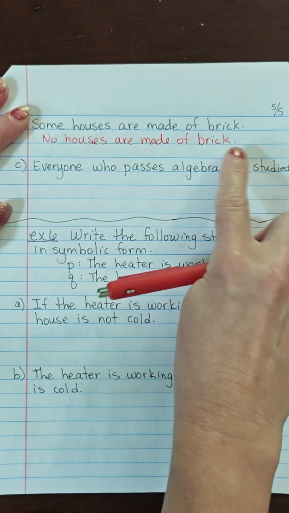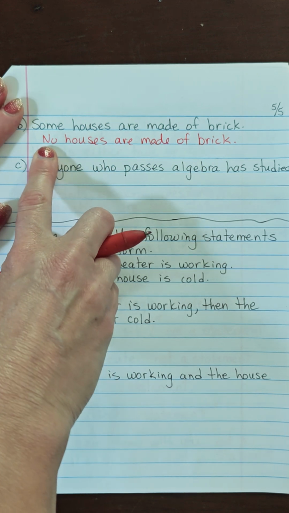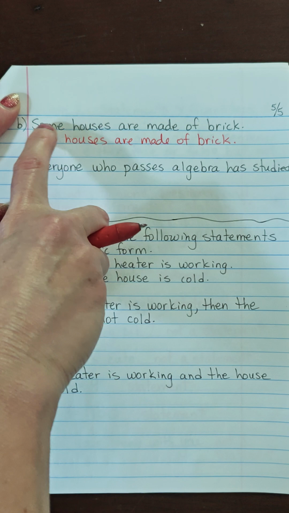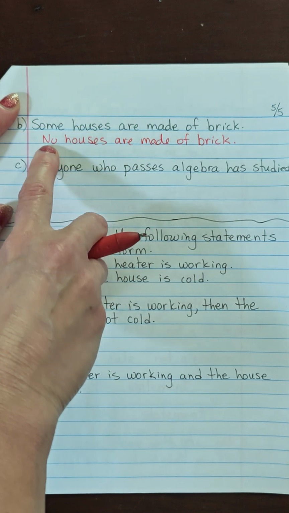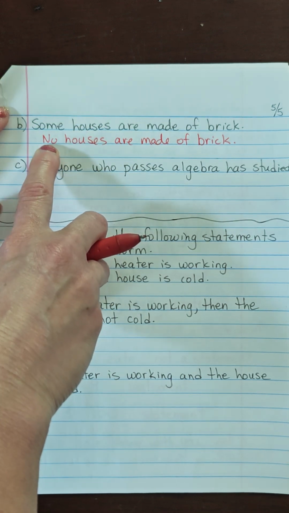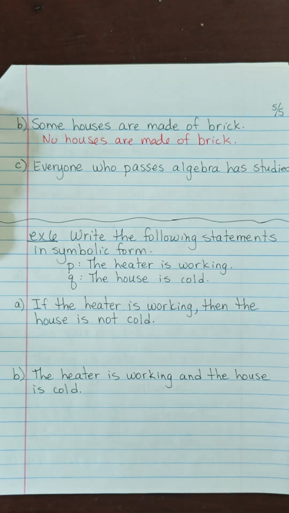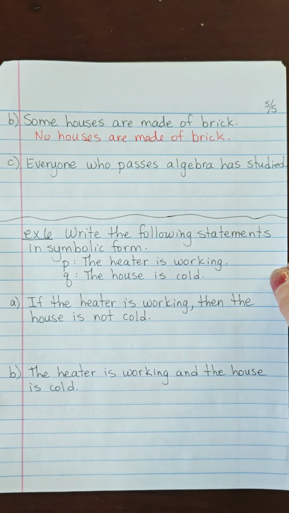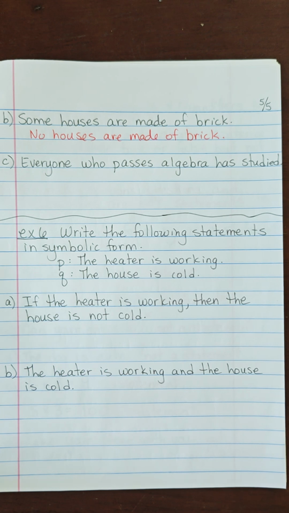We don't need to put a not in here because this is taken care of here. There's my negation. I'm negating that existential quantifier right there with this universal quantifier. Some houses are made of brick. If you wanted to prove somebody wrong who said that, you would just have to say, nope, no houses are made of brick. That's the only way that statement's going to be wrong.